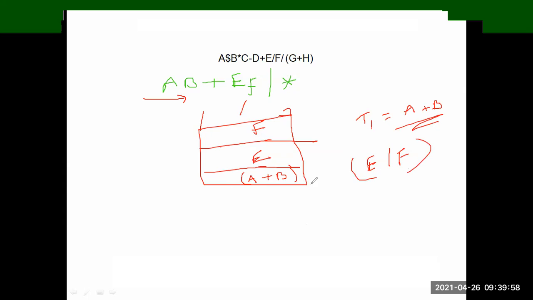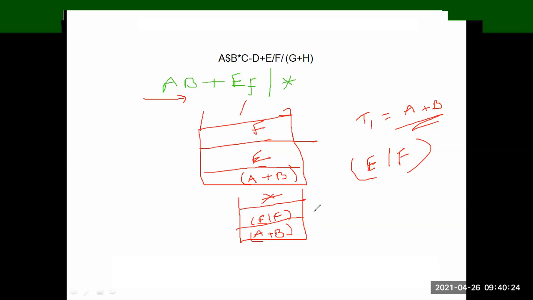Okay, so now we push this into the stack. So now the stack contains A plus B in brackets and E by F in brackets. Now the last one is this operation, that is star. So pop the last two elements. I am taking these as T1, T2.